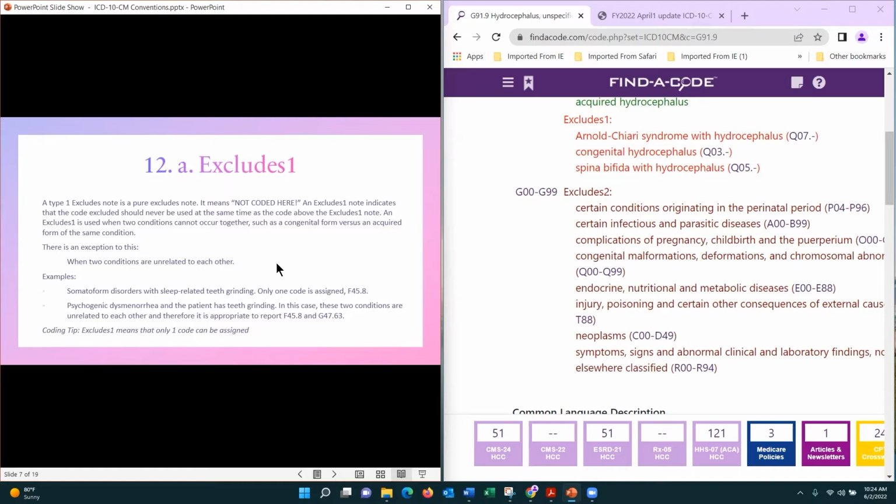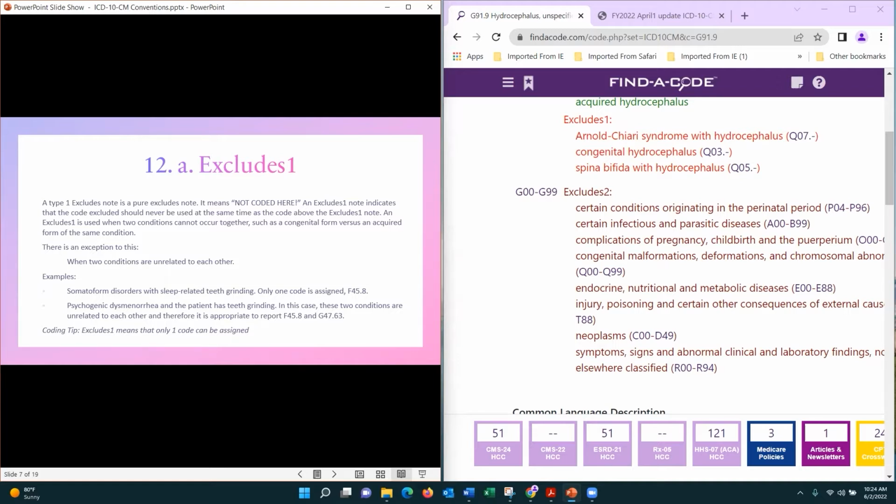But we also know in this convention that there's an exception, and that is when the two conditions are unrelated. How do you know that? That's a question that we all ask at times.